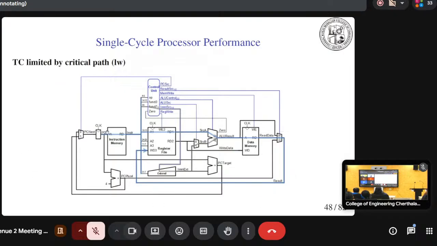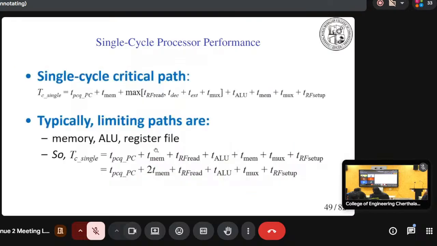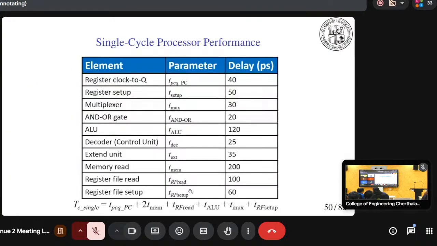It starts from PC, goes to the instruction memory, goes to the register file, goes to the ALU, goes to the data memory, then it returns to the register. Okay, so this is the critical path of a single cycle processor.